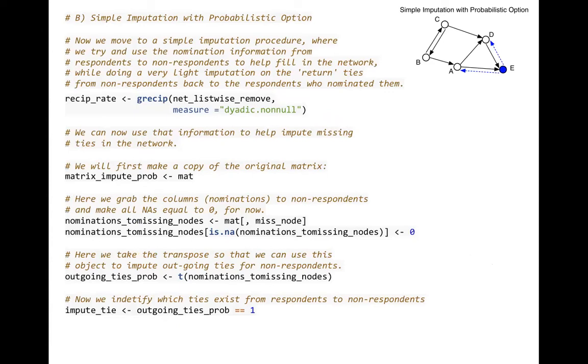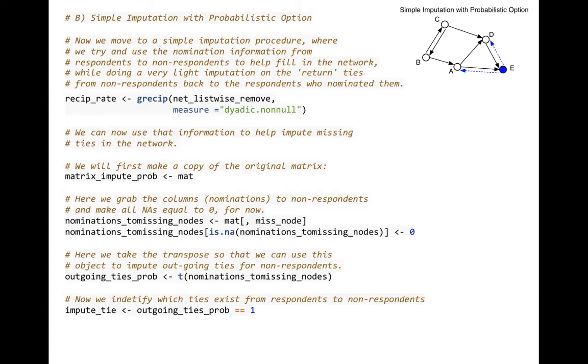So if a respondent nominated those non-respondents, then we're just going to impute whether or not they would have returned that tie had they filled out the survey. In this case, we're going to impute those missing edges going back to the respondents using a probabilistic option, basically flipping a coin based on the observed rate of reciprocity. And I'm not going to spend too much time on this.